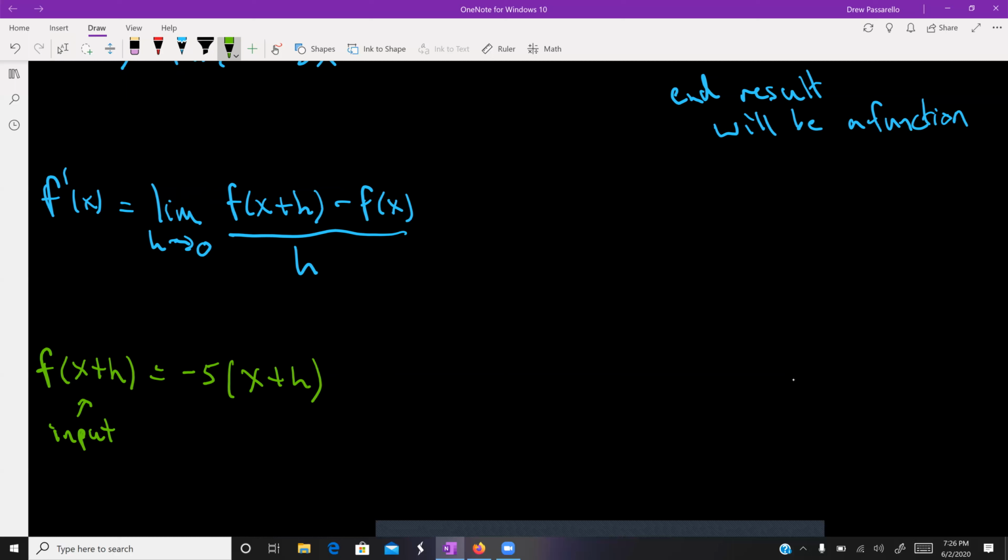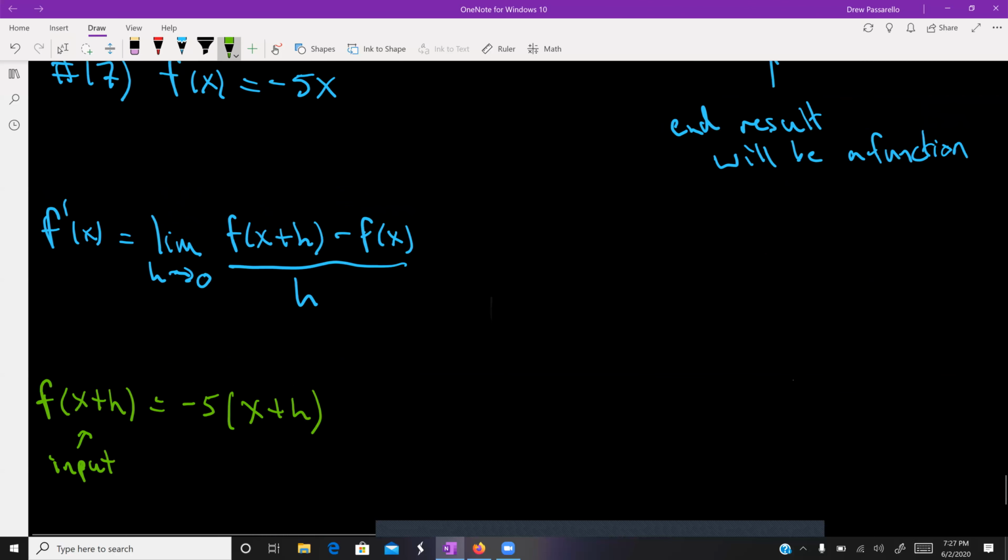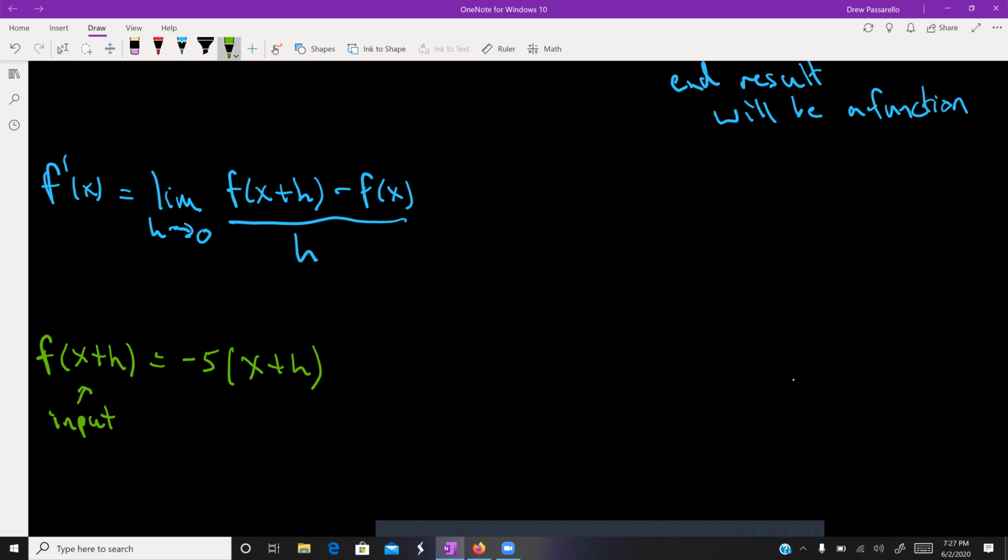I'll make sure to put the parentheses because that whole thing is in the spot for x. In this case I can distribute the -5, which will give me -5x minus 5h. All right, that result is what goes in the formula.